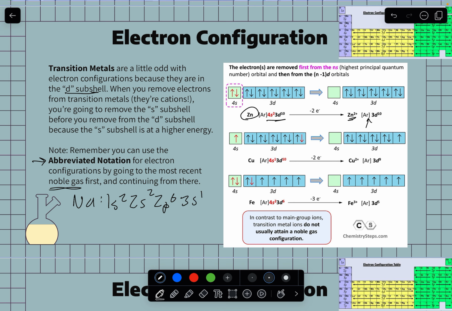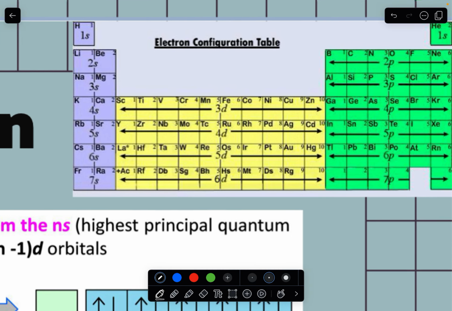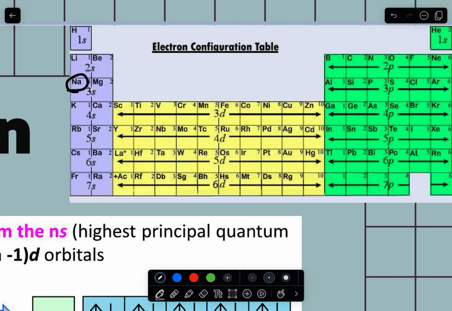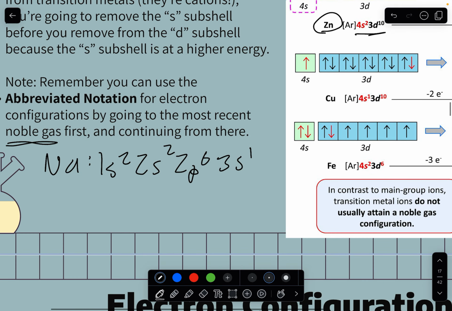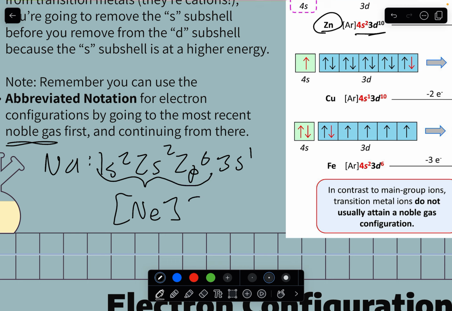We can start at the most recent noble gas. If we go to our table up here, sodium is here. The most recent noble gas is on the row before, all the way at the very end, which is neon. So we start at neon, and that's essentially substituting all of that. That's what neon is. So we continue after it: neon and then 3s1.